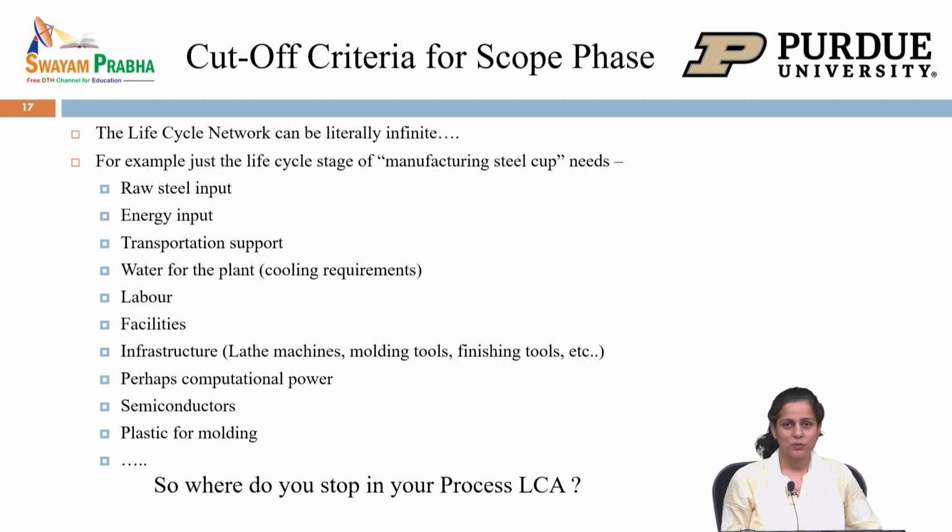So, you can think that we can continue to increase and expand our system boundary by including more and more upstream and downstream processes for our LCA. And if you are doing a process LCA, that means we are going to collect a lot of data and we will need information about a lot of these processes which are generally not available. So, the question is that where do you stop in your process LCA?